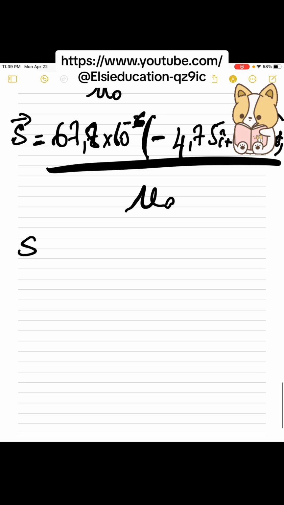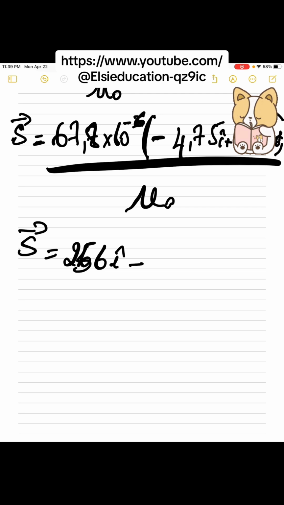So exactly, this one will be equal to 256 i plus, well actually this is a minus, plus 67.8 exponent minus 6 multiplied by 2.6 divided by 12.56 exponent minus 7, 140 j minus, is it 140?